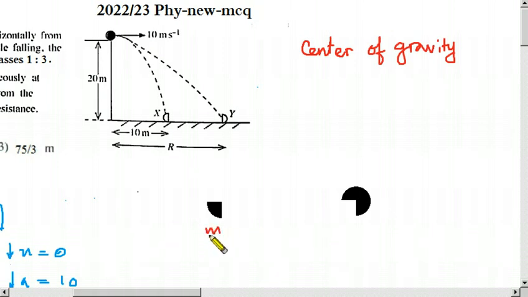This one mass is m/4, this one 3m/4, because 1 to 3 ratio. So the force downwards is mg divided by 4, and 3mg divided by 4, the force downwards.